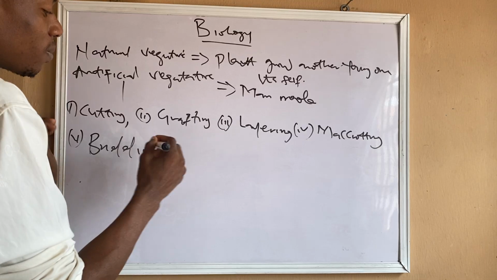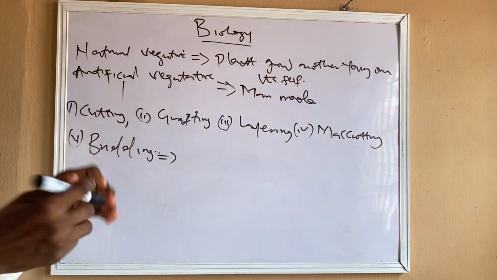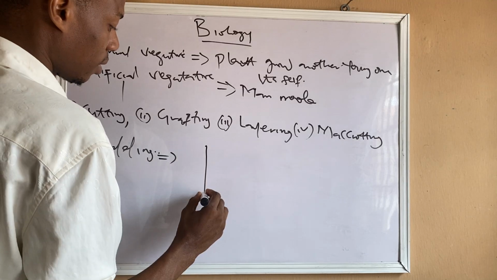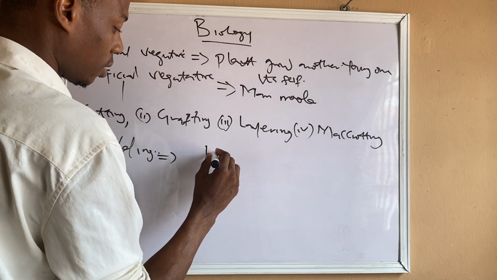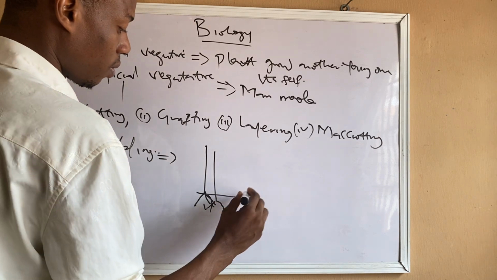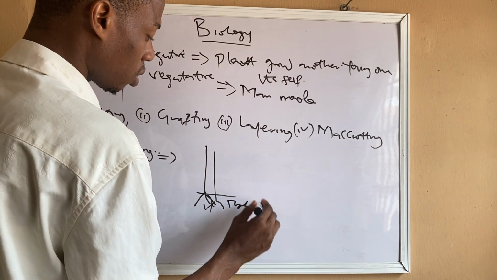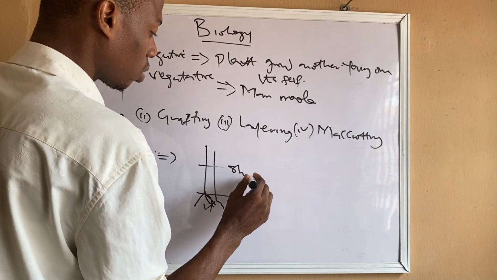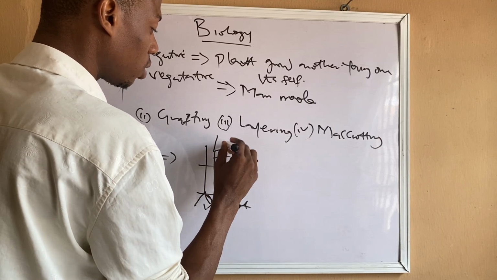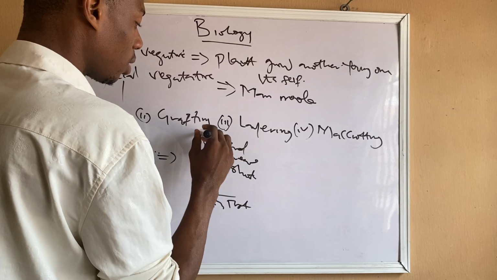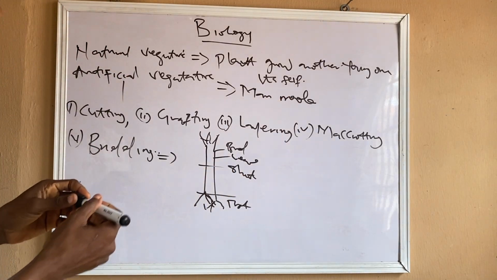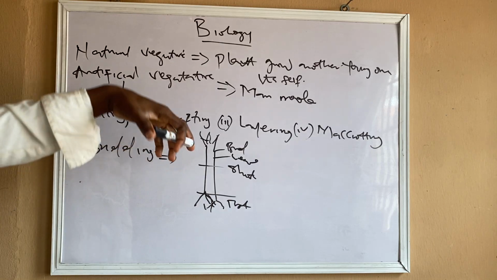What is budding? This is a plant. We have roots, we have shoot, we have leaf, we have bud, and at times the fruit is there.